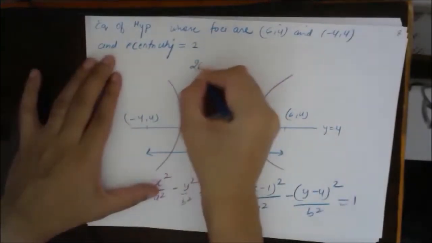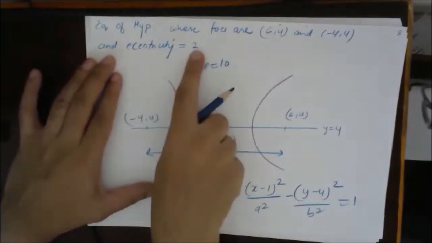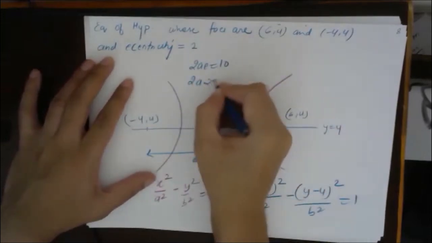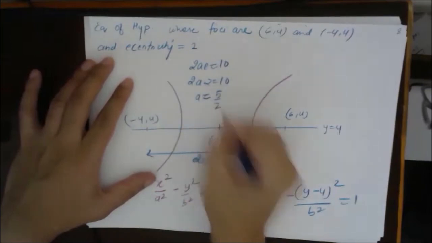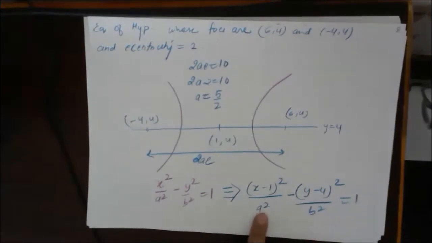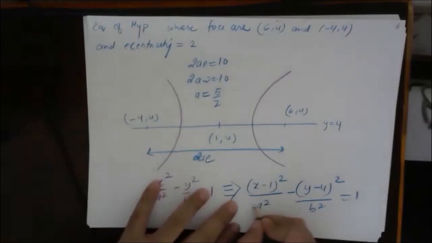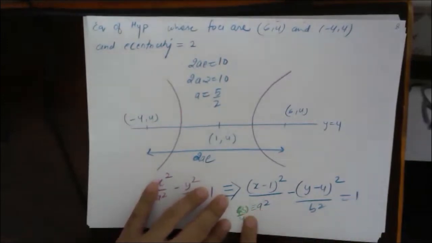So 2AE is equals to 10, and E is given as 2. So 2 into A into 2 is equals to 10, which means A is equals to 5 by 2. So A square will become 25 by 4.